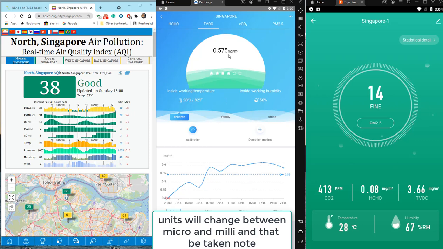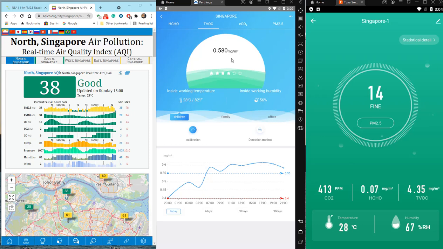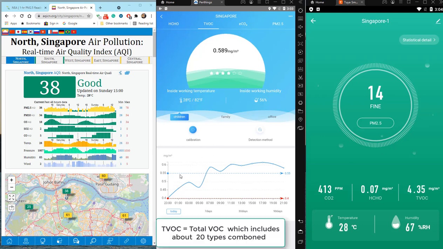But you see, between the two instruments, the numbers kind of tally on many of those things. So I am actually making comparison between these two, as well as what we see in real life measured by the NEA, that is the National Environmental Agency, and then reported upwards.